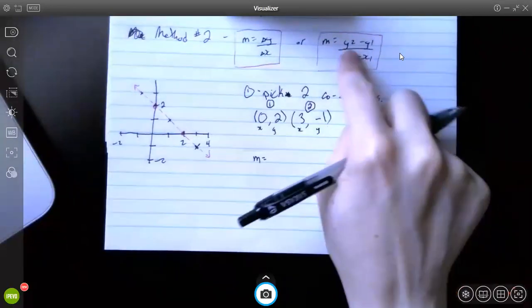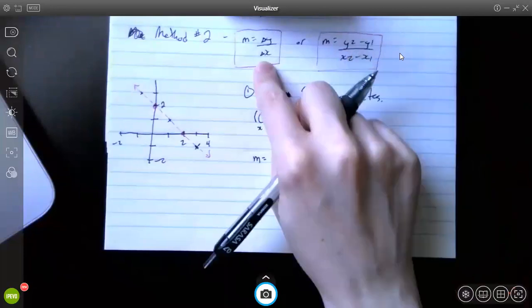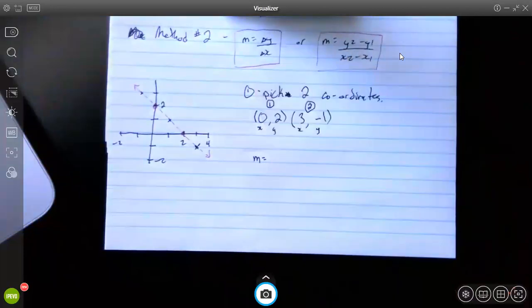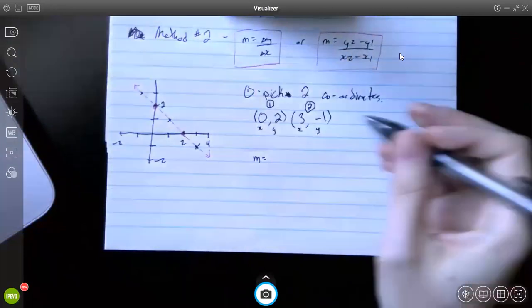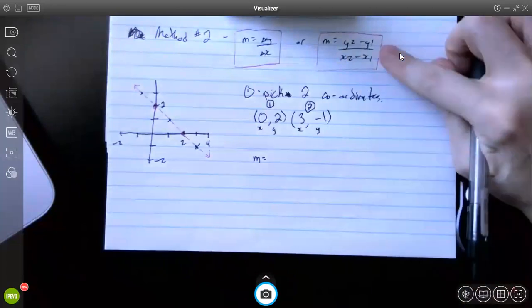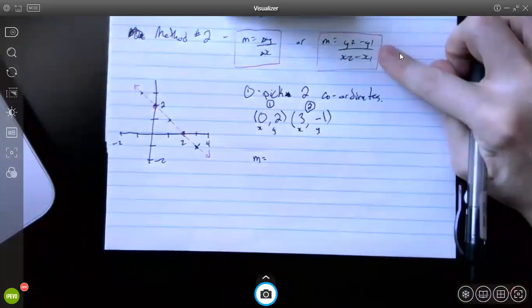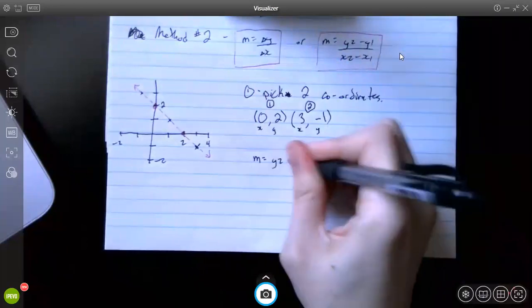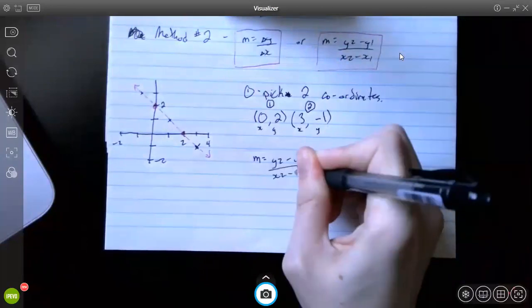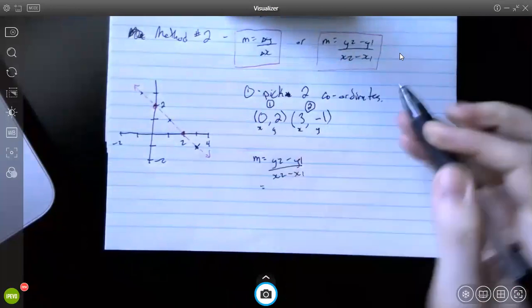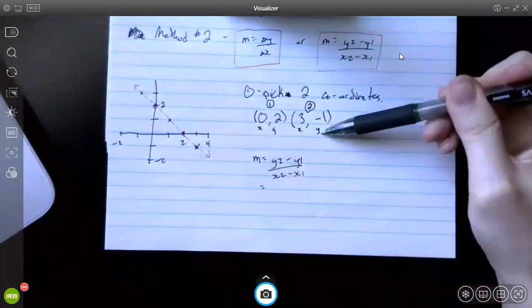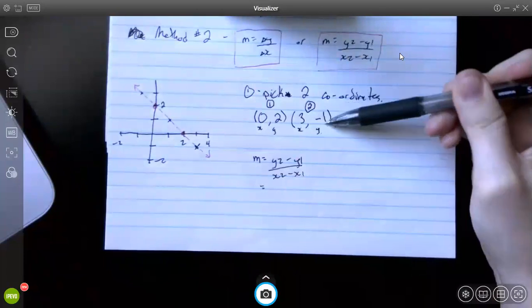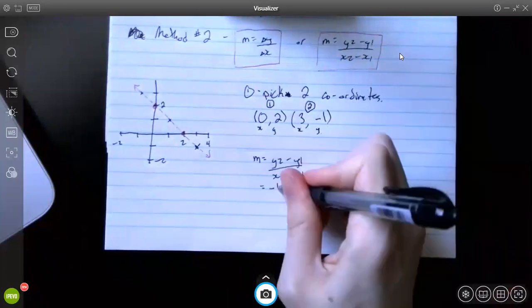So when I plug this into my formula, and again, it doesn't matter which of those formulas you use, our y coordinates are on the top and our x coordinates are on the bottom. I'm going to use this formula, even though it's a bit longer to write, just so you can see where I'm getting the numbers from. So y2 minus y1 over x2 minus x1. My y2 is my y value of my second coordinate, so that is -1.